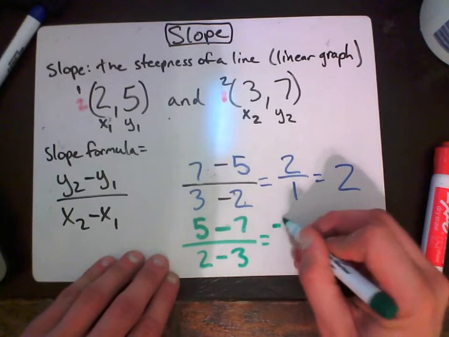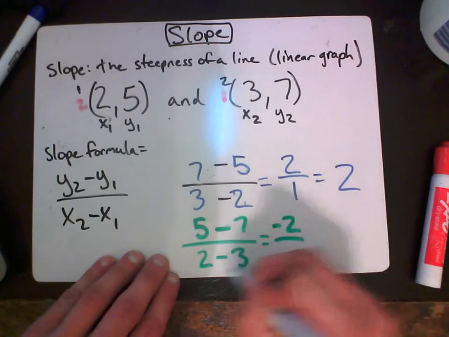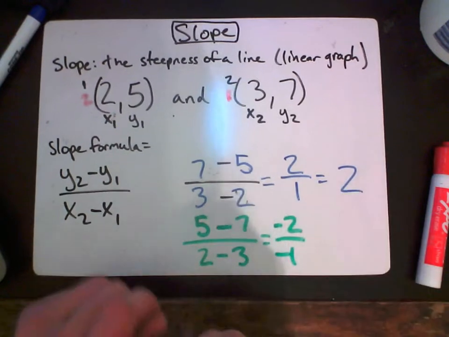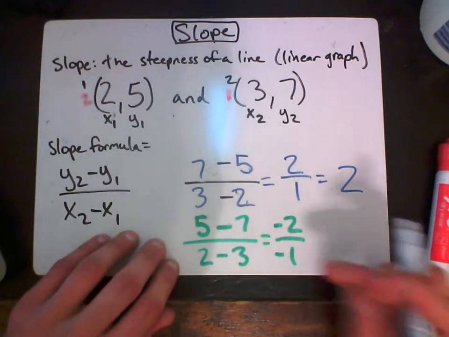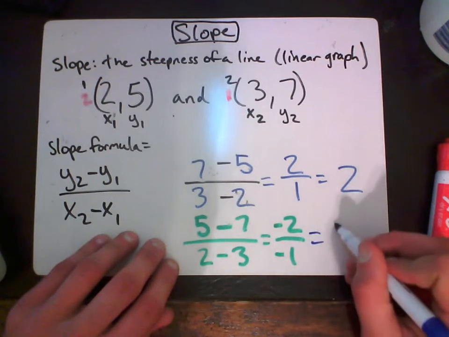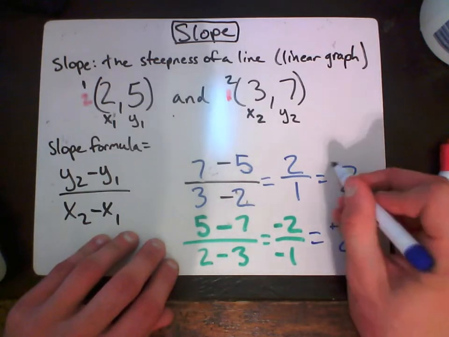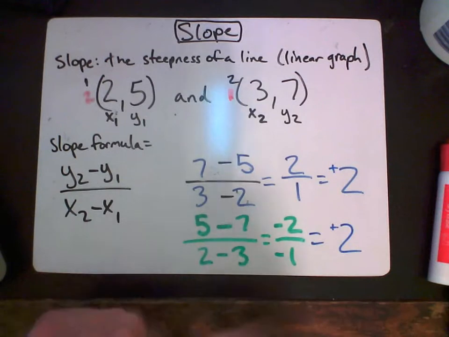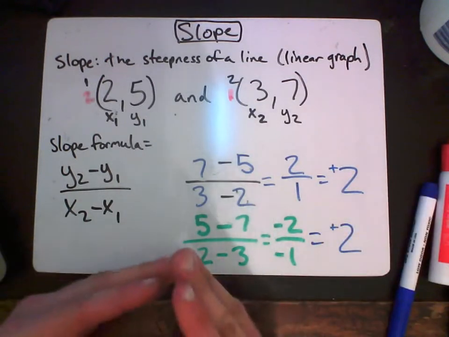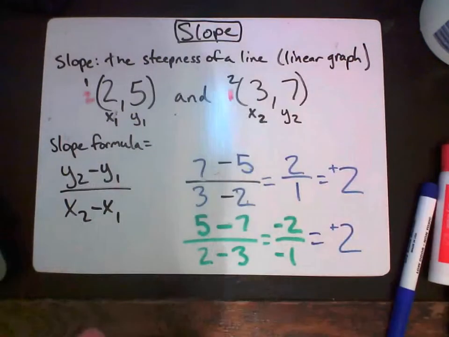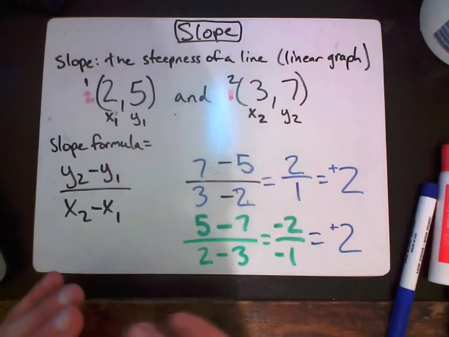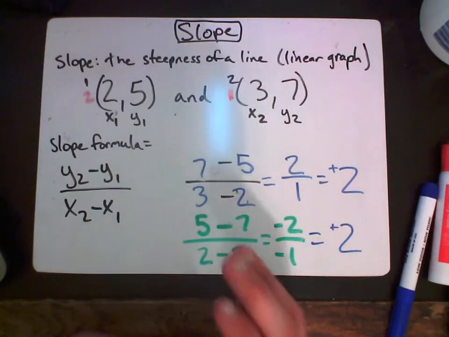I end up with negative 2 over negative 1, and that ratio simplifies to just a positive 2. As long as you are going in order from this coordinate to this coordinate or vice versa, it doesn't matter which one you choose.